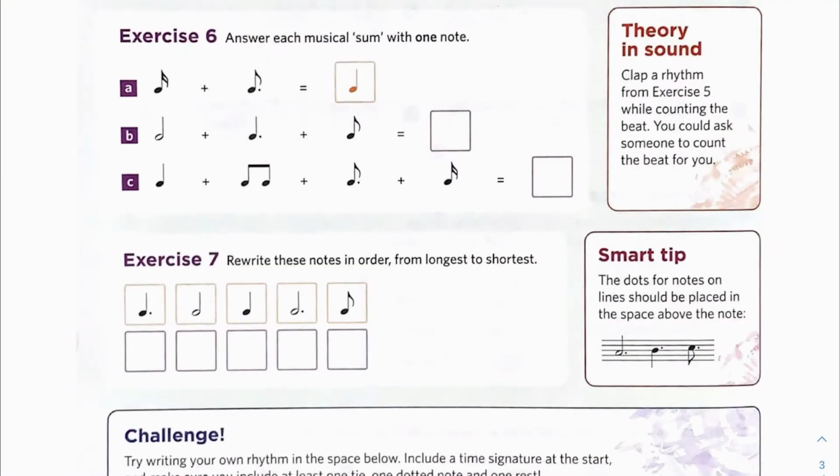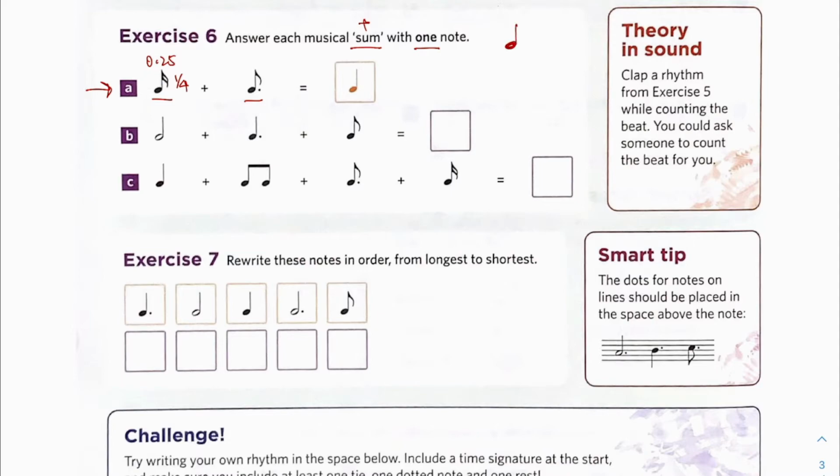Exercise 6. Answer each musical sum with one note. So again, we're going to add the notes together and represent the answer with one note. Question A, we have a semiquaver, which is 0.25 count, or a quarter, plus a dotted quaver.